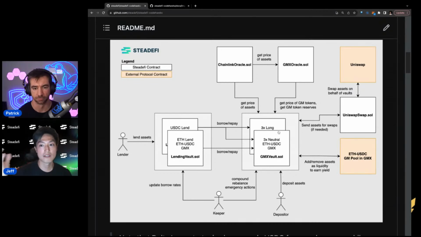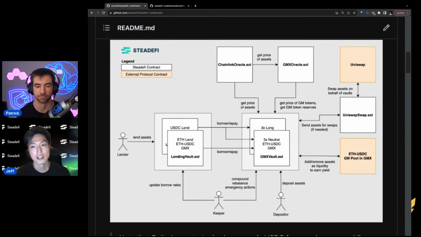How this is effectively executed by our strategy vaults is quite simple, at least conceptually. For a long strategy, you could think of it as the vault borrowing more USDC to buy more ETH, so you're going long into more ETH. But the neutral strategy doesn't just borrow USDC, it also borrows ETH.